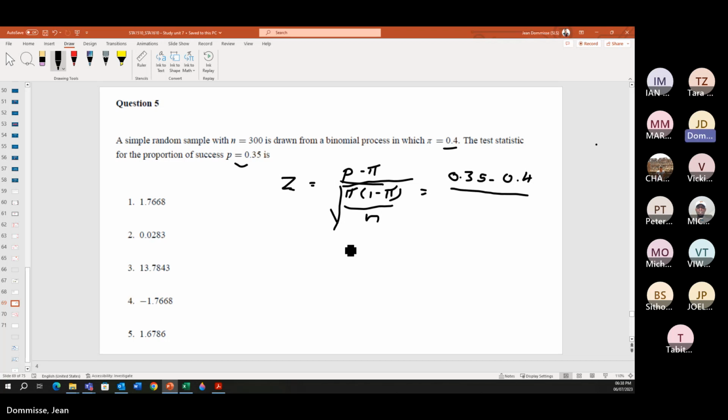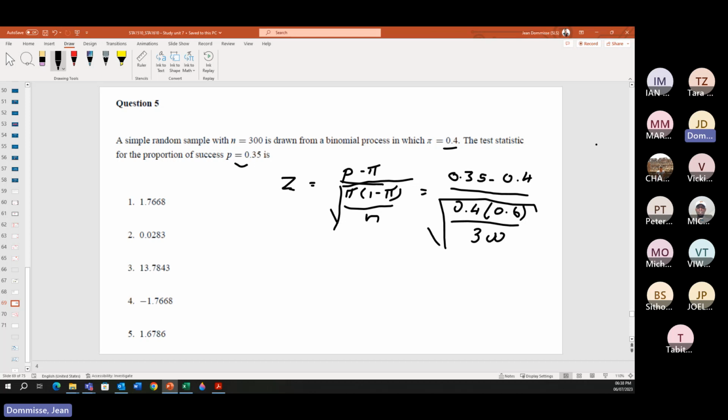Then we've got all the other information here, 0.4, 1 minus, so that is going to be 0.6. Divide by square root, or not yet. Divide by 300, and that we need to square root.